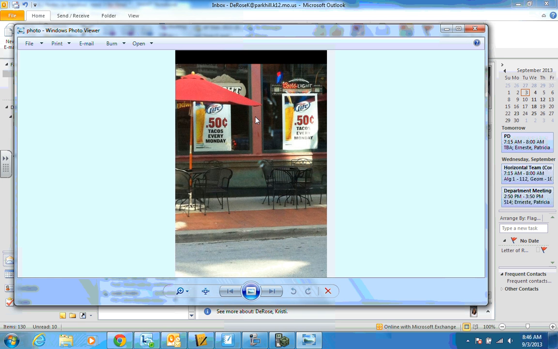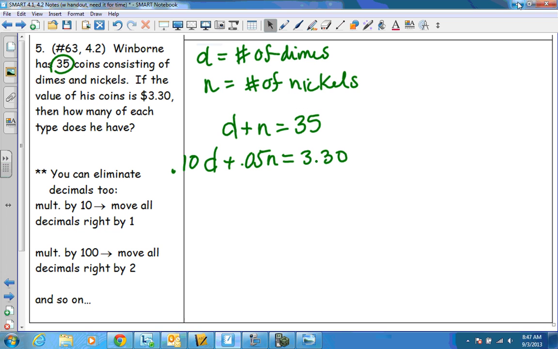This is not saying 50 cents. What if it actually meant half a cent? Wait, what happened? I'm confused. What restaurant was that? I get it. All right, so finish.